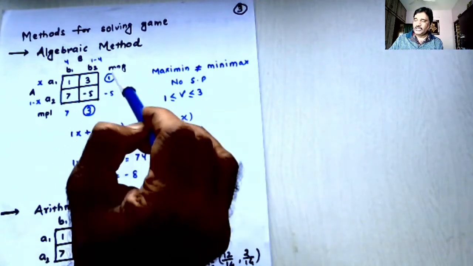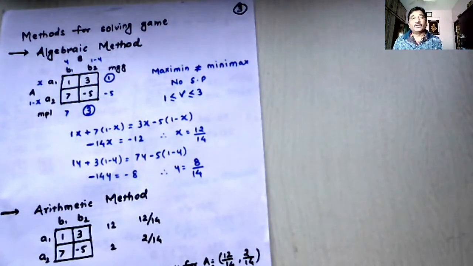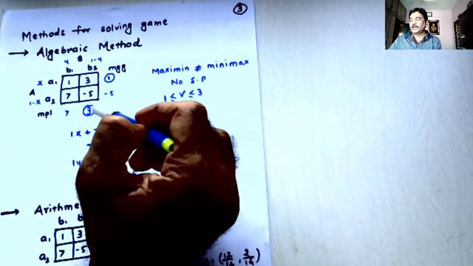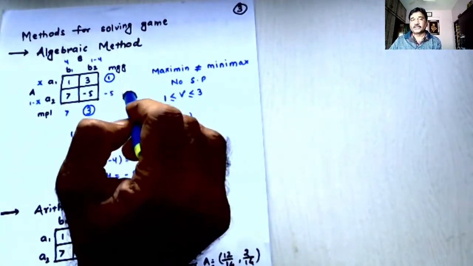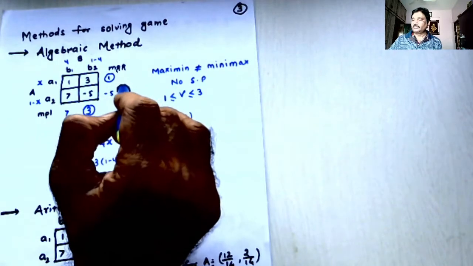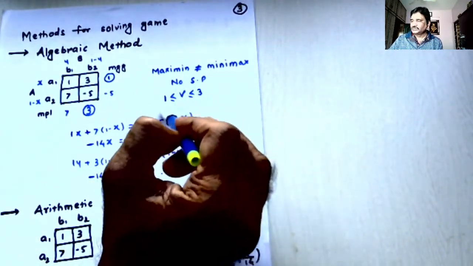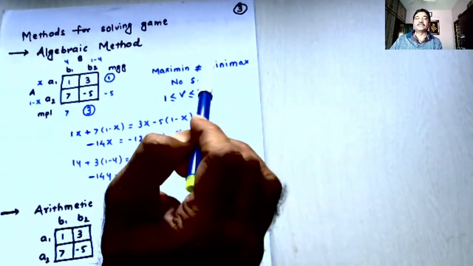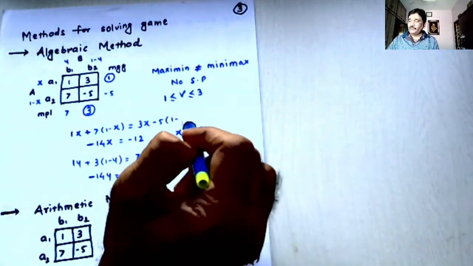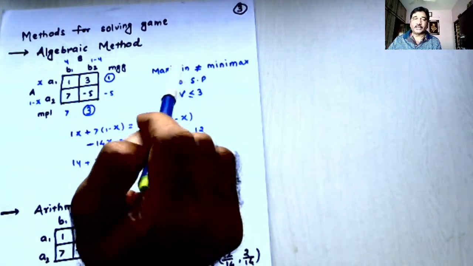If minimax and maximin are equal, then the game has a saddle point. If they are not, then minimax will always be greater than maximin. So that gives us the range within which the game value lies. The game value lies between 1 and 3.